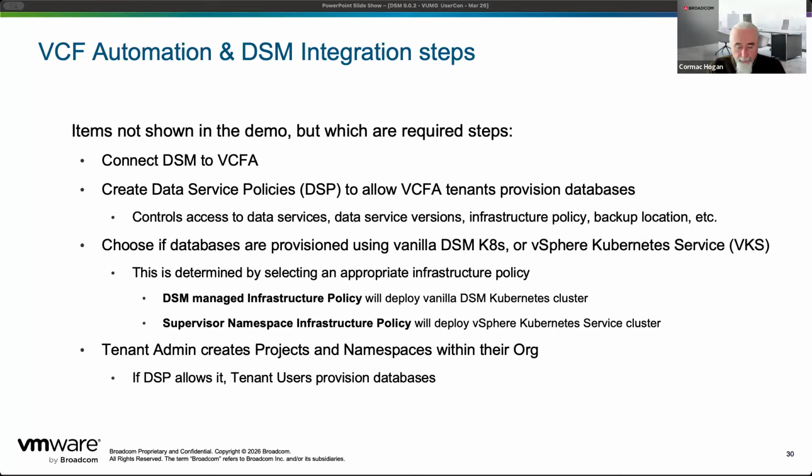You get the idea. Again, I want to highlight you can continue to use the original DSM managed infrastructure policies that we saw at the very beginning, which is just generic vSphere resources. But now that we're integrated with VCF Automation, we can also have a supervisor namespace as our resource entity as well.